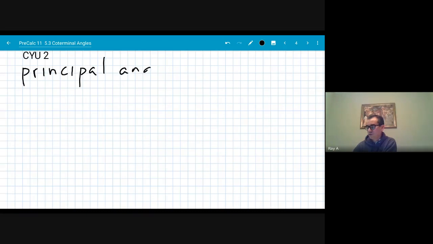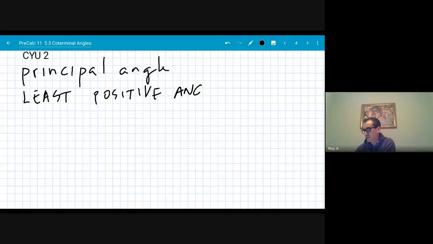A principal angle is the least positive angle that is coterminal with a given angle.